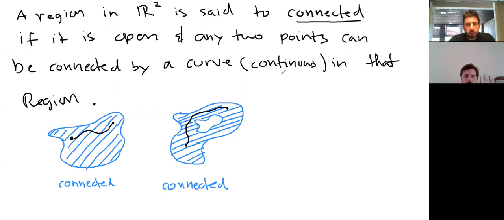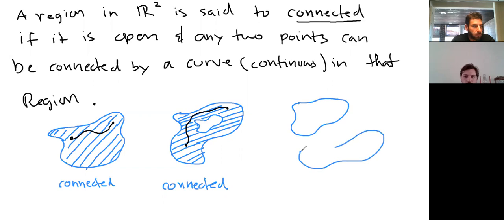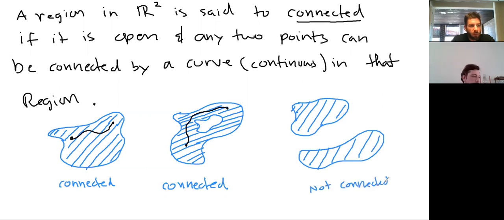Now, that clearly tells us, or at least gives us an idea of what not connected would mean. And you can imagine this without even all these fancy definitions. Not connected would be something like this. If it is not connected, because if I pick a point here and here, there's no way I can connect them because it wouldn't be in the region.